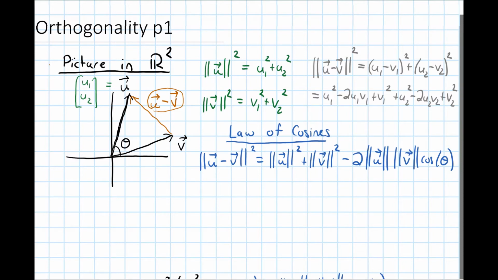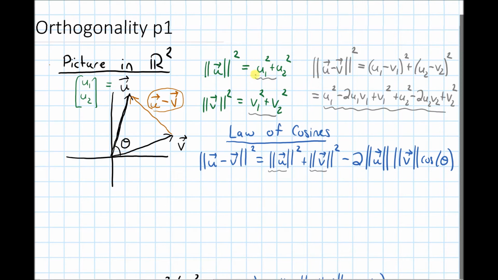Now, for the left-hand side, the length of u minus v squared, I'm going to replace it with the expansion that we did. And I'm going to replace the two squared terms on the right-hand side, the length of u squared and the length of v squared, with their respective expansions. In doing that, a bunch of terms are going to cancel out, basically all of the squared terms.